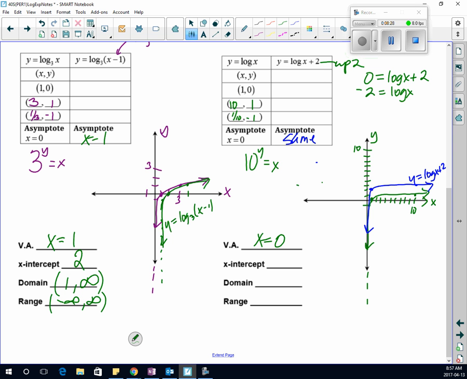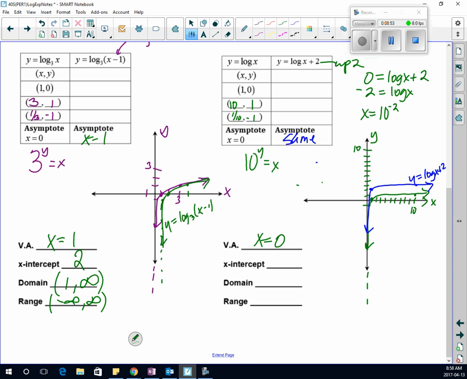Can anybody take a guess what to do next? I've never shown you how to do this, so you're taking a leap now. What does it look like that it's crossing this blue here? It's a very small number, right? Its x is going to be 10 to the power -2.